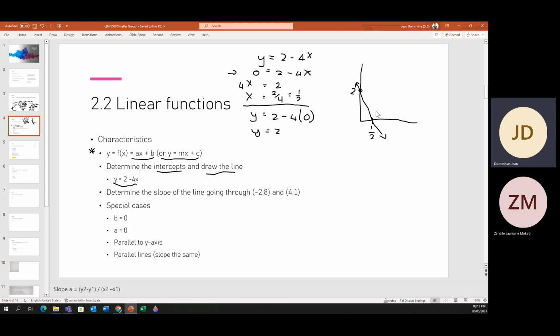Just how we represent this is we always have a data point as x and y. So when x is 0, we had y is equal to 2.